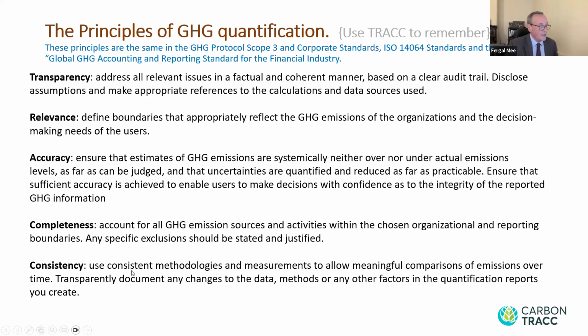And consistency, I think, is self-explanatory. Use consistent methodologies and measurements throughout to allow intended users, or people consuming our greenhouse gas report, to make a reasonable evaluation of the work we're doing.